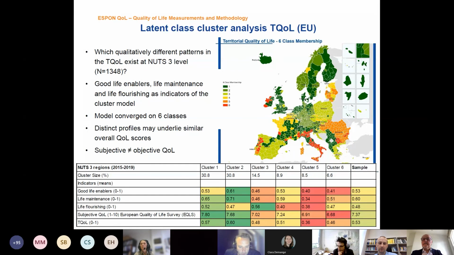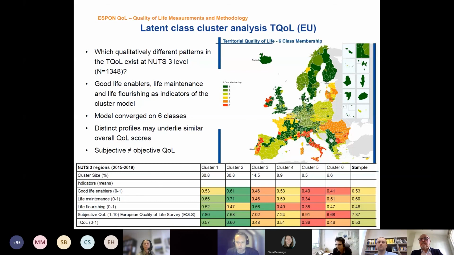Still, both clusters have a high subjective quality of life. Then the third cluster performs quite well on life flourishing, but relatively poorer on the life enablers and life maintenance dimensions. You can see also in the figure which clusters those are. It's in Poland, in Spain, and Greece. The fourth cluster is 9% of the sample, and there especially the life flourishing dimension is low.